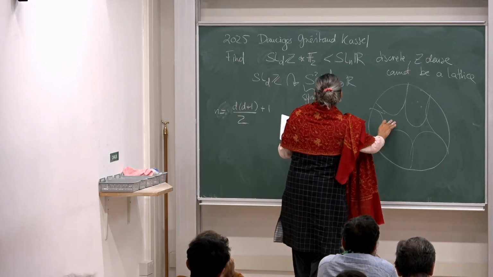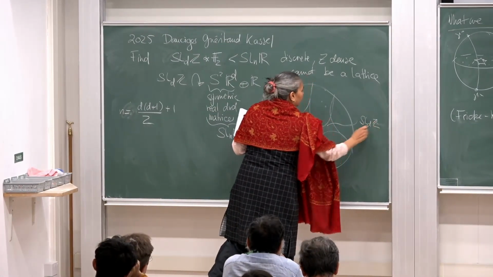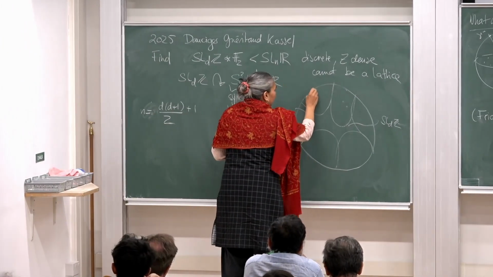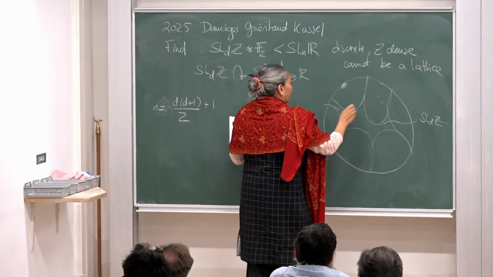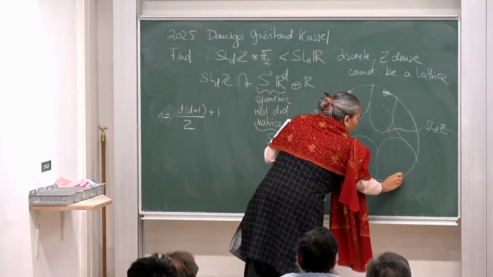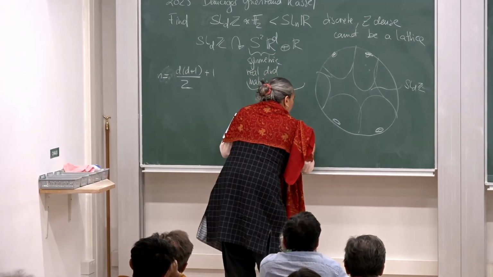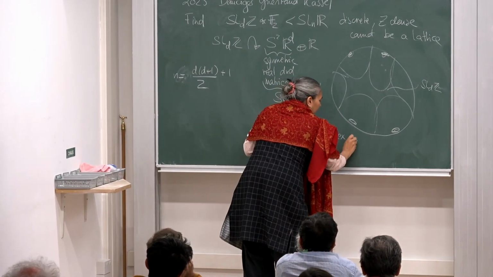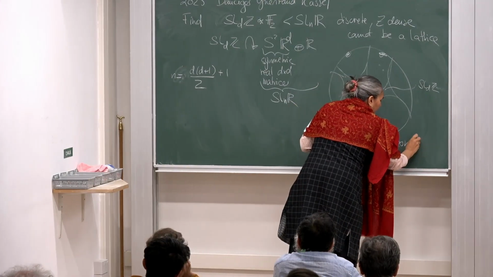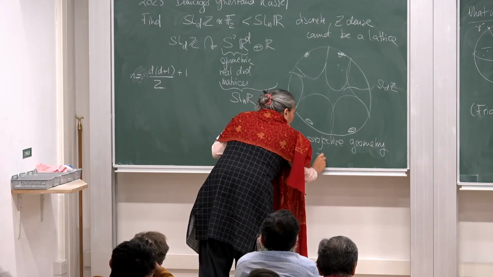And so this is where you're going to find your SLDZ, and it's spread out enough that using convex projective geometry, they can find some elements to do a ping pong. They find a ping pong table.